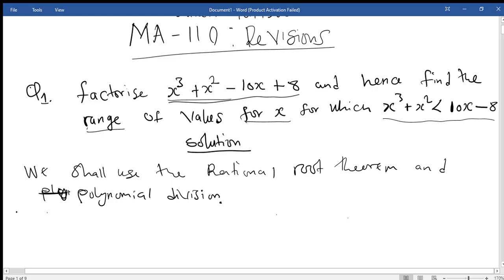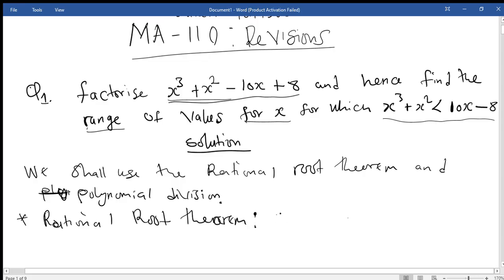So remember, what does the rational root theorem state?